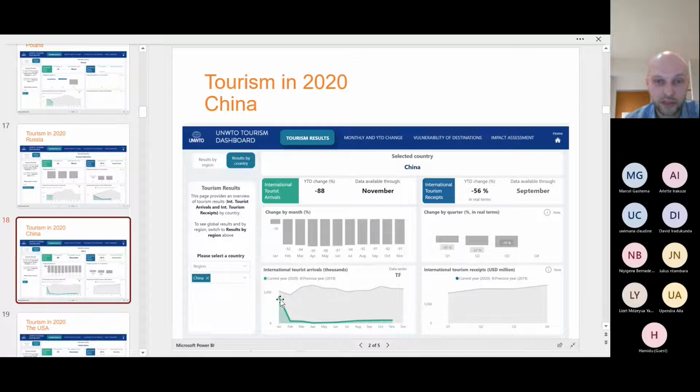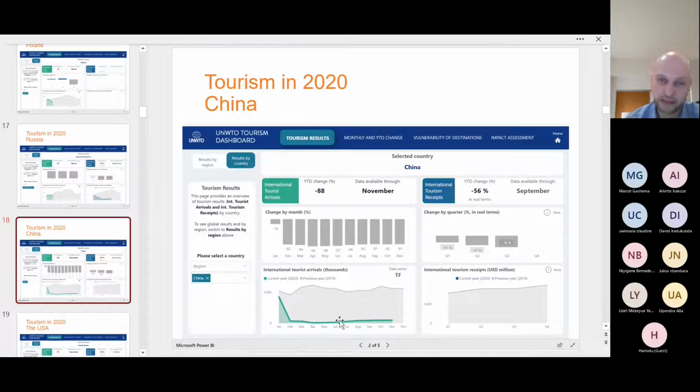As you see, there was a decline in February, and actually all visas were suspended. For instance, you could have a valid residence permit, but it was suspended, or let's say blocked. So even if you had valid documents, you couldn't go to China in that period. And still, China as a tourist destination is closed.